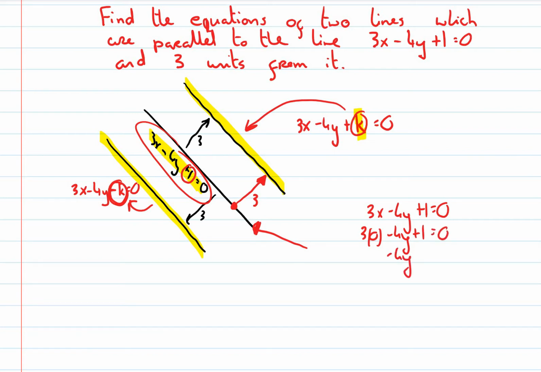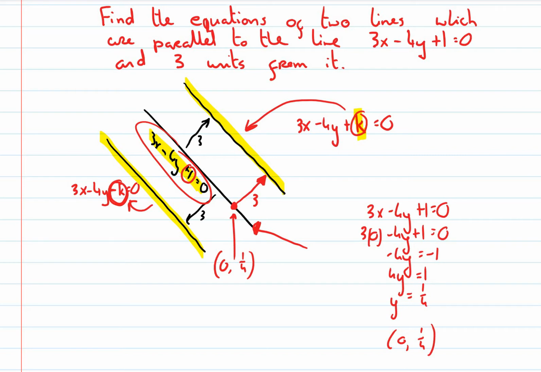So minus 4y equals minus 1. So 4y equals 1. So y equals a quarter. So the point is (0, 1/4). Now, there's my point, (0, 1/4). It's on that line.